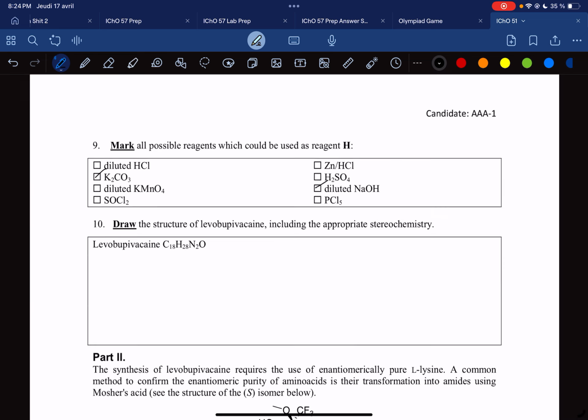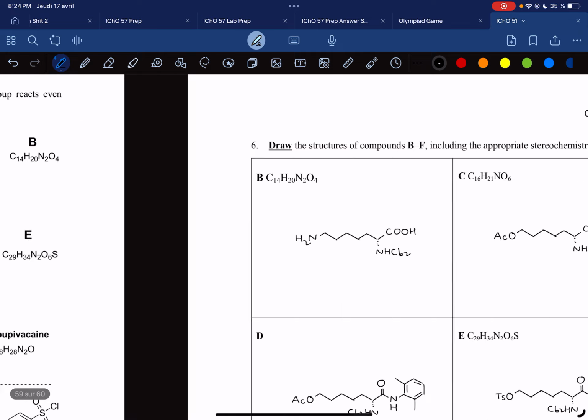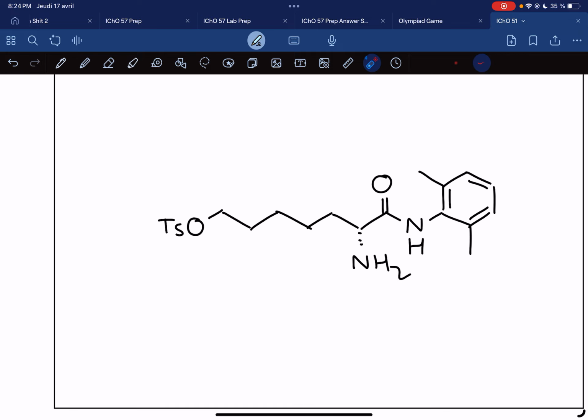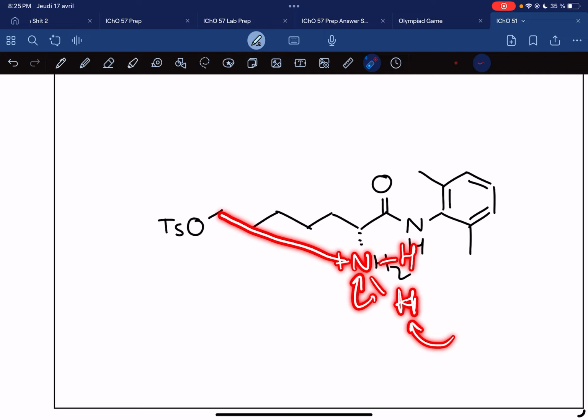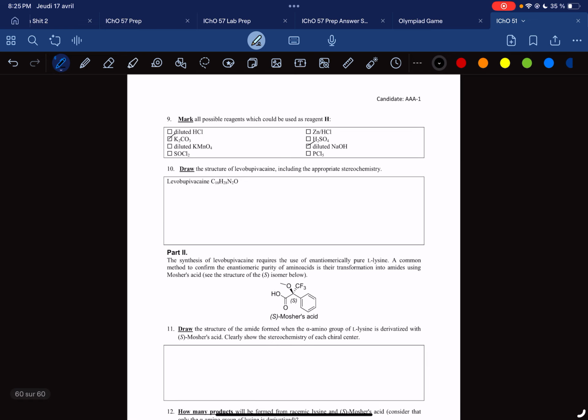They both work. When the amine attacks this carbon and kicks out the OTs group, there will be an extra proton over here. So a base would really help deprotonate that proton away to drive the reaction forward.